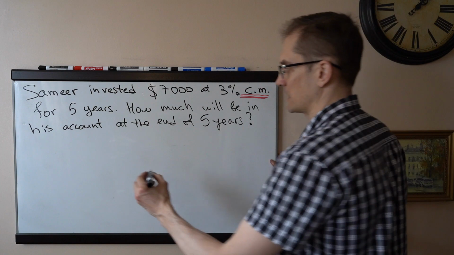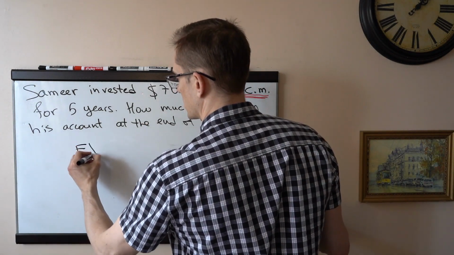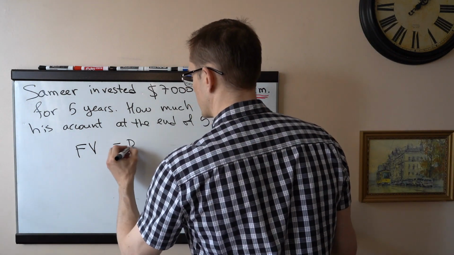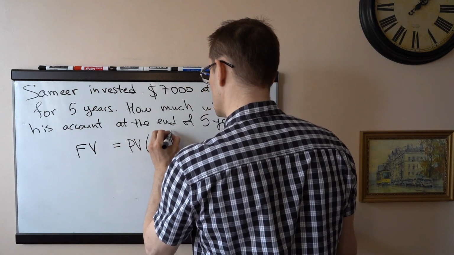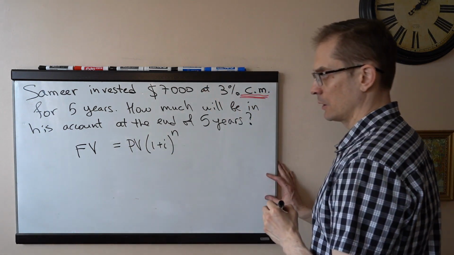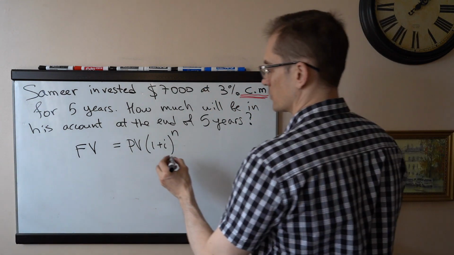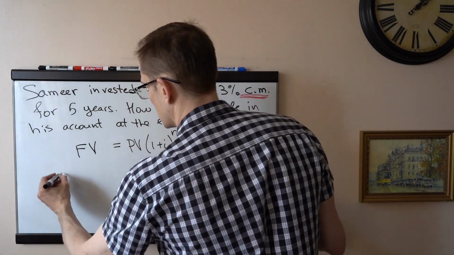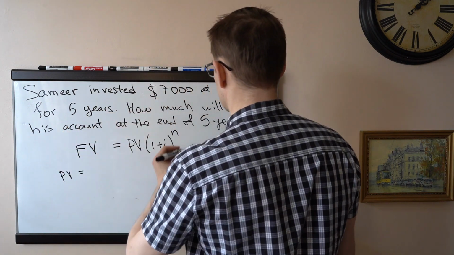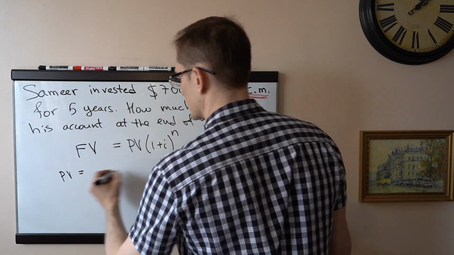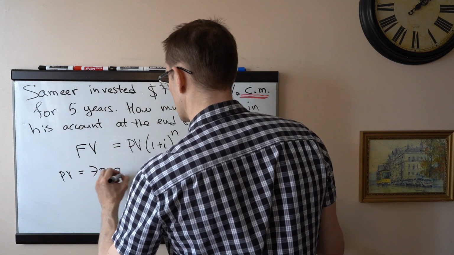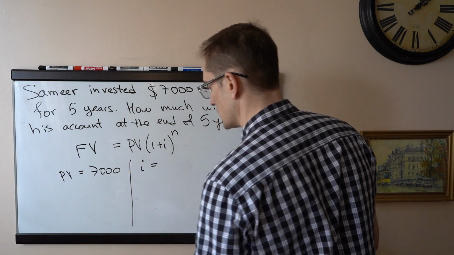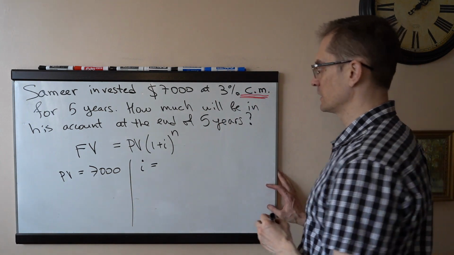Now, let's see how this can be solved using our formula. Future value is present value times 1 plus I to the n. Let's look at every component here. Present value is, of course, $7,000. Then, what is our I? I is the rate per period.